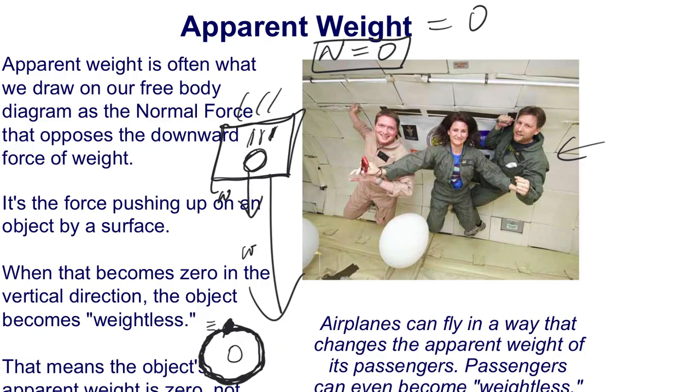But the occupants of that International Space Station are feeling weightless because they're falling with the International Space Station constantly. But they still have weight. They're not that far up off the ground that their actual weight is that much different than when they're on the Earth's surface.